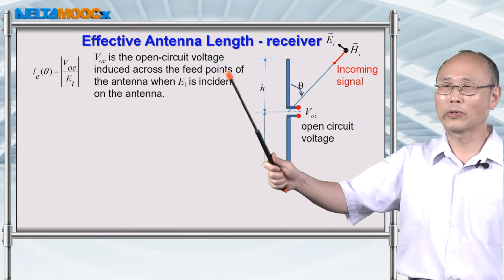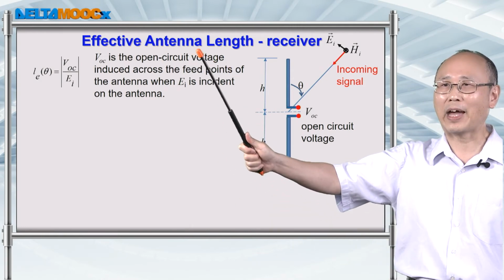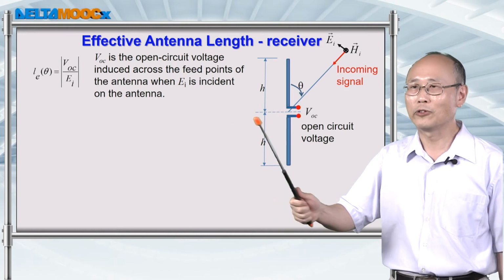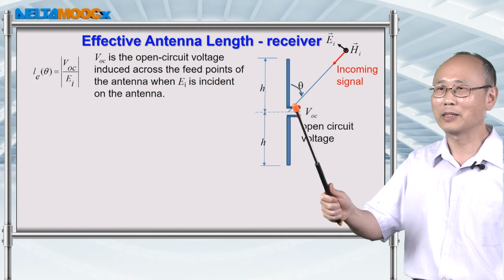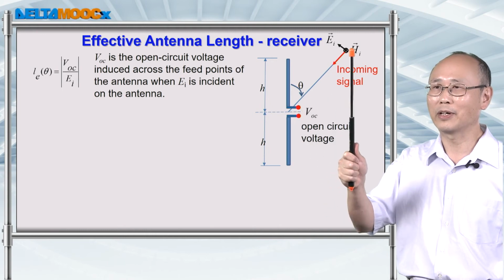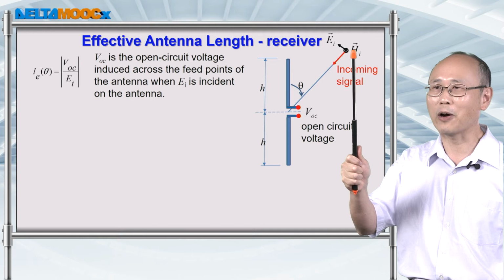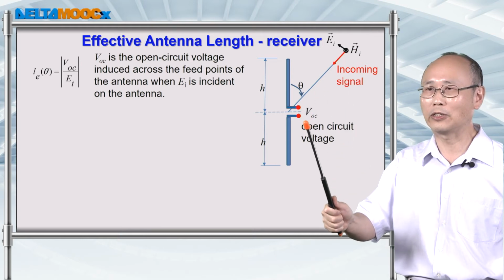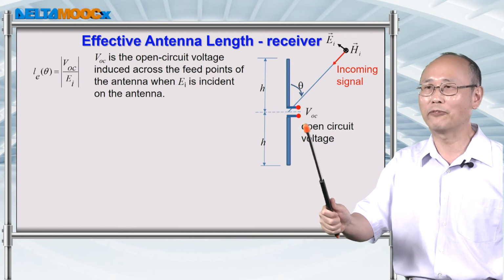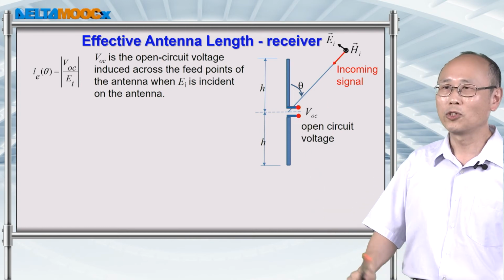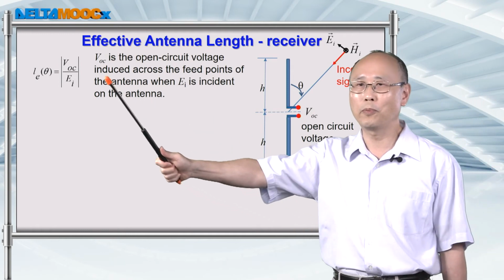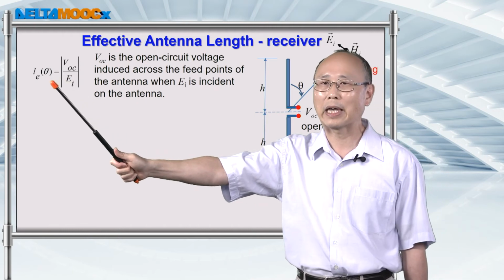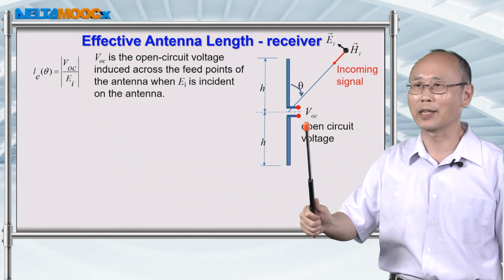Well, similarly, we can also define the effective antenna length for a receiver antenna. For a receiver antenna, this antenna is going to receive an electromagnetic wave from far away, and the electric field of this signal is going to induce an open circuit voltage on this antenna. So if you take the ratio of the open circuit voltage to the incident electric field, then you can define an effective length of this antenna.